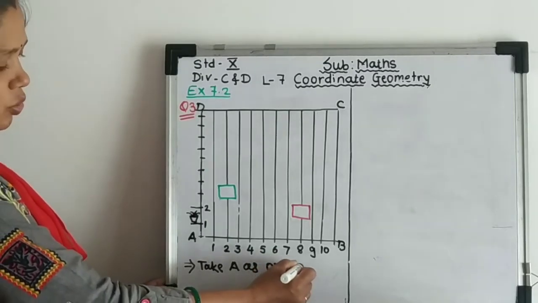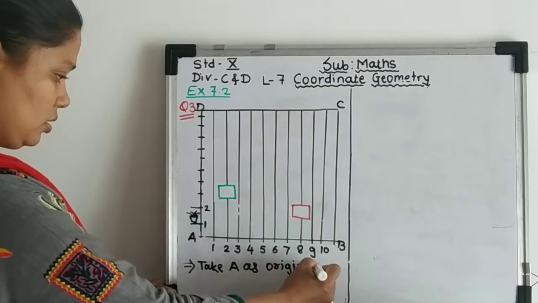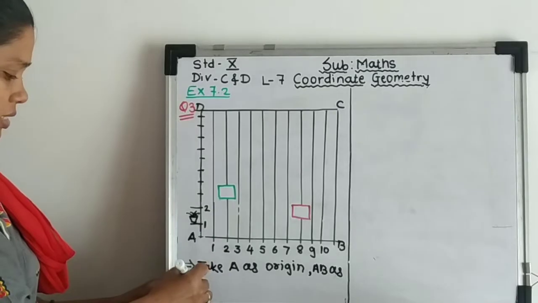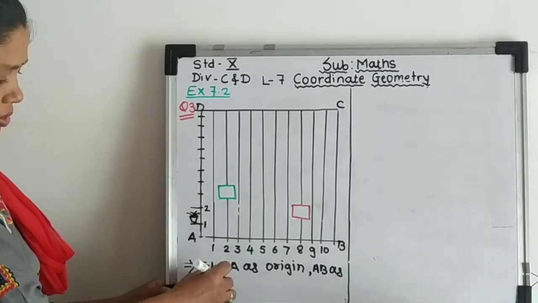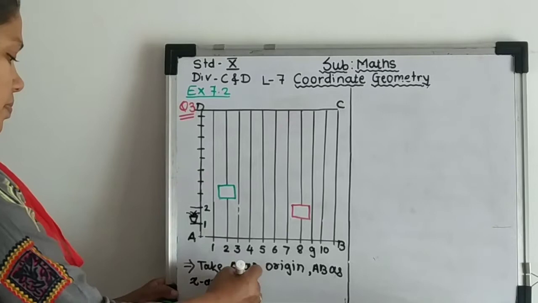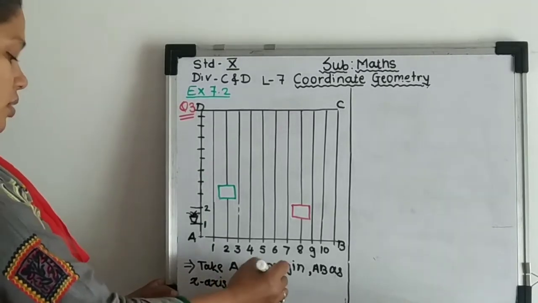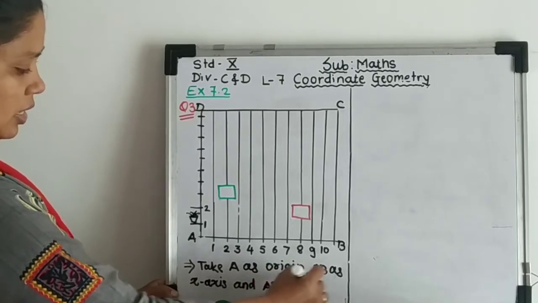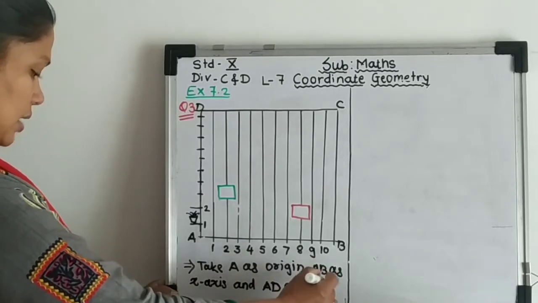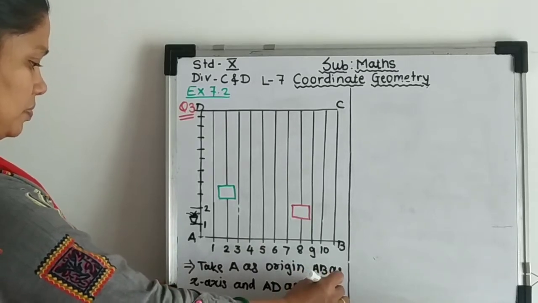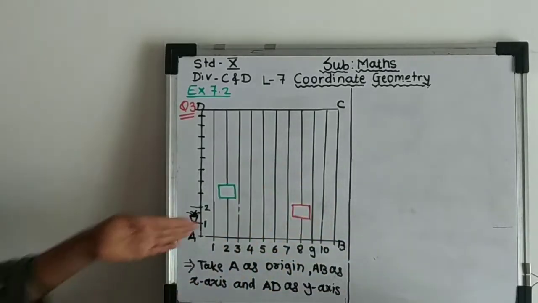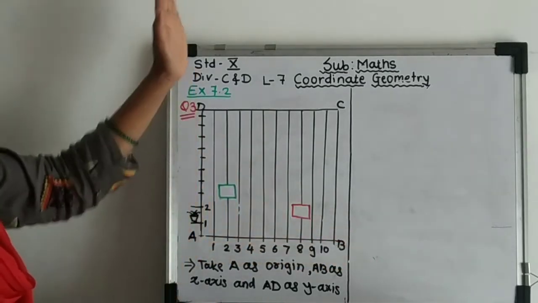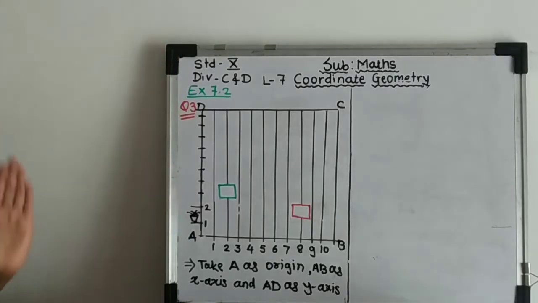A will be our origin, AB as x-axis, and AD as y-axis. This one understood? This is a horizontal line, that's why we have considered it as the x-axis, and the vertical line, that's why we have considered here the y-axis.